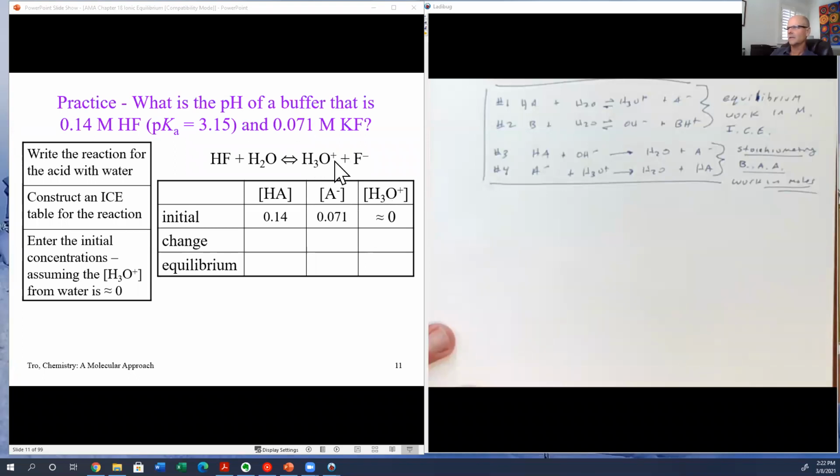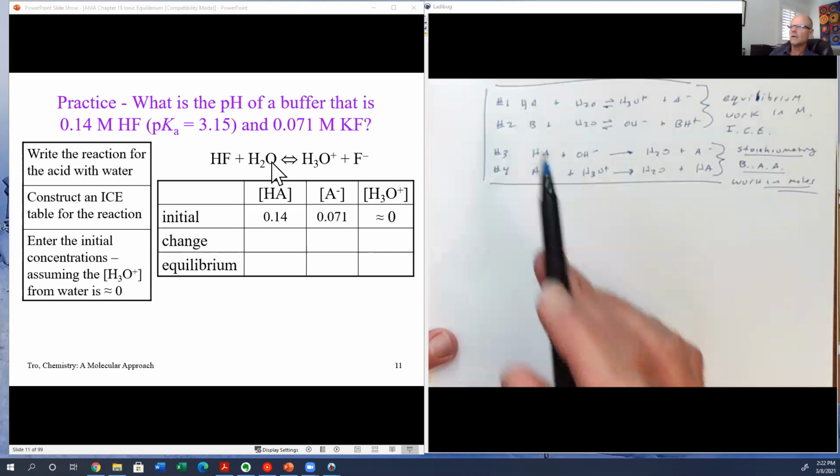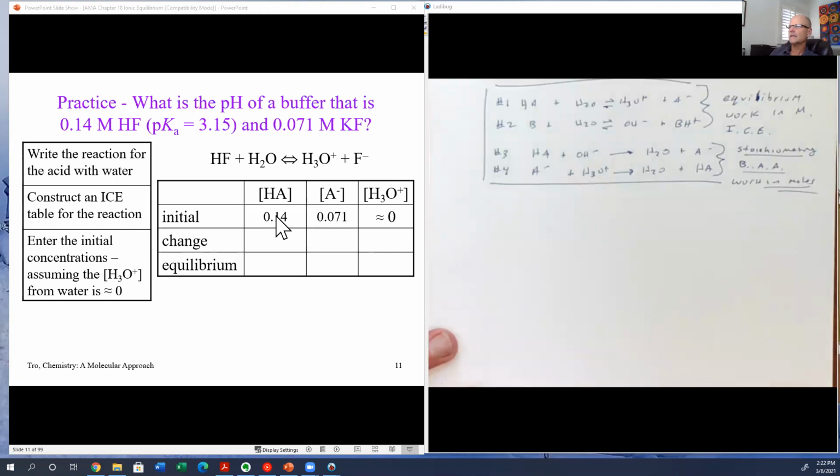Normally when we work a problem using this equation, it only has, let's say, the weak acid, and it doesn't have any of the conjugate base. In this case, I have the acid and the base, so I need to include both in the initial concentrations.